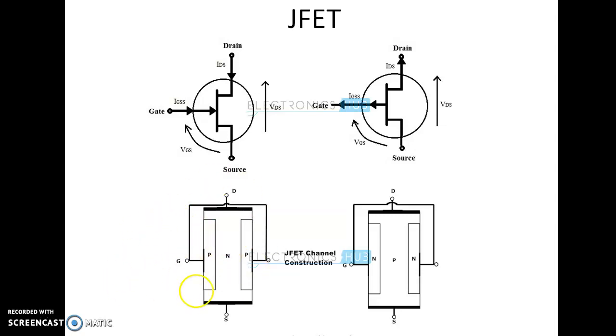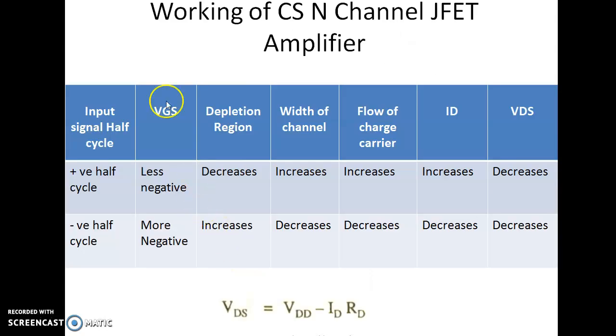So the depletion region will be small because it attracts the electrons towards the gate terminal. The width of the channel increases, the flow of charge carriers increases, and the current increases. So during the positive half cycle of the input signal, there is a less negative voltage.